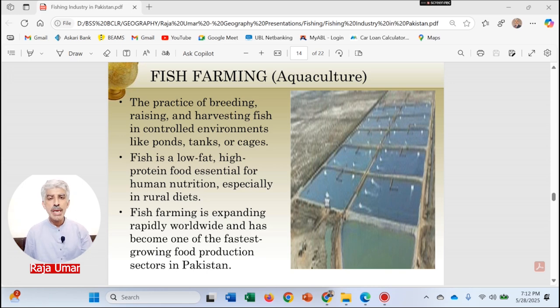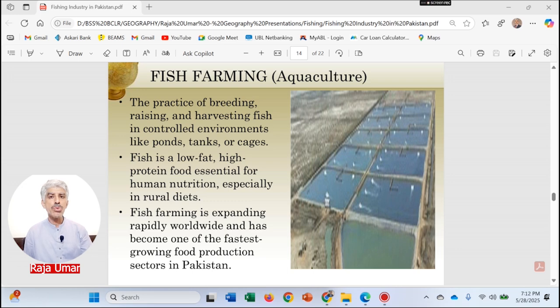How the fish is caught in the coastal areas alongside the Arabian Sea, and how the fish is caught in the fresh waters of Pakistan, like rivers, lakes, and streams, or even the barrages. So we are done with that, and we have also discussed the problems of the fishing industry in Pakistan and how to resolve them.